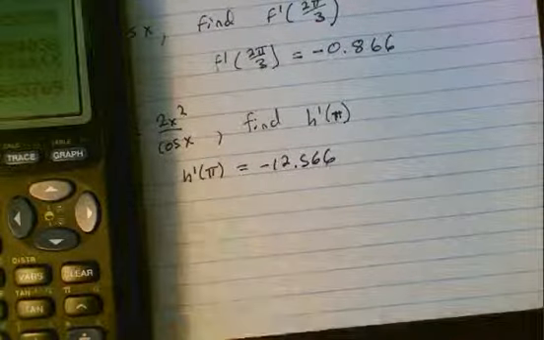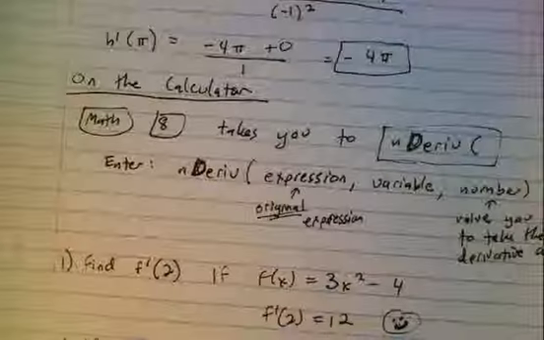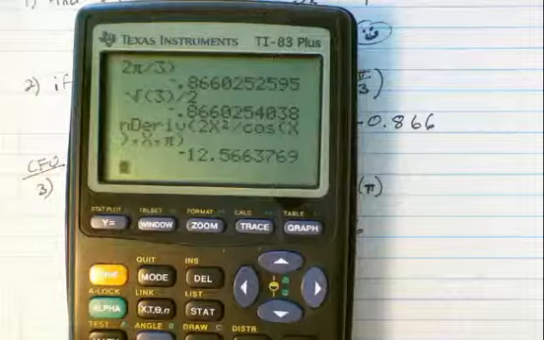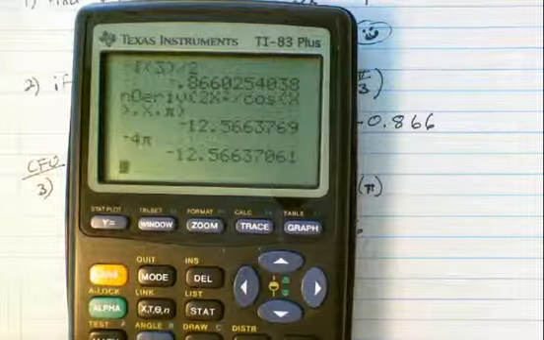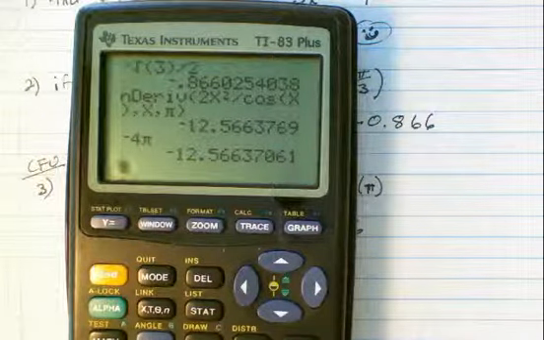If I come over to my other problem, I got the exact answer of negative 4 pi. Let's check and see. Negative 4 pi gives us the same answer. That concludes the notes for derivative 7.